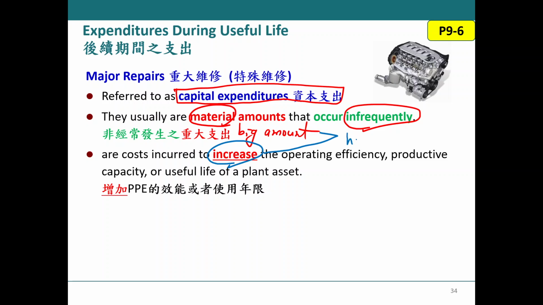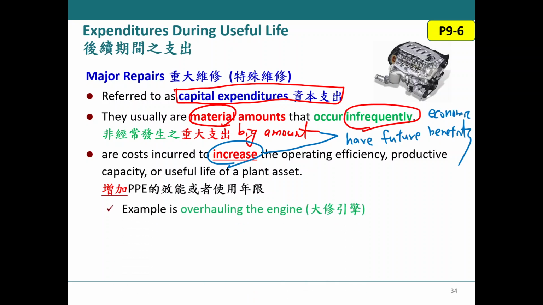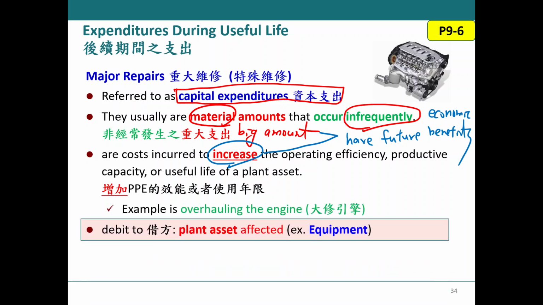So yes, have future economic benefit. Okay, so since we have a future economic benefit, so that's our assets. Okay, so we record it as assets.